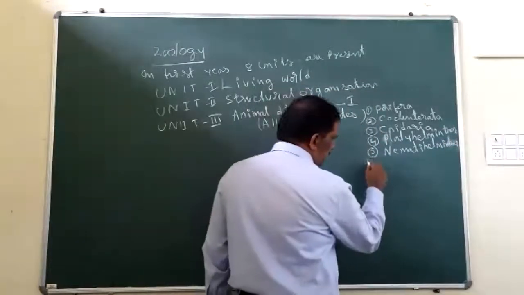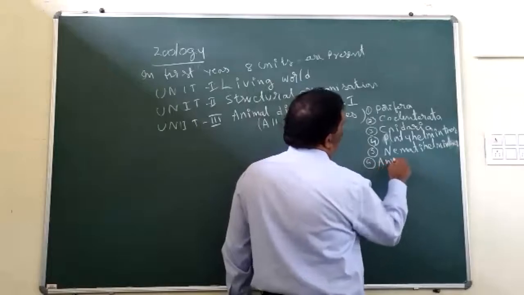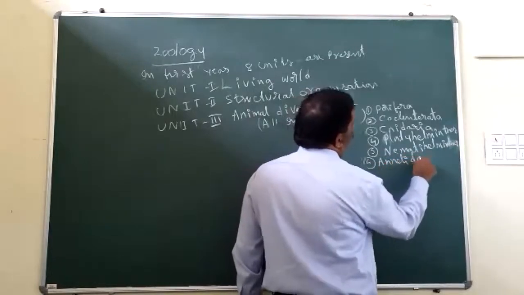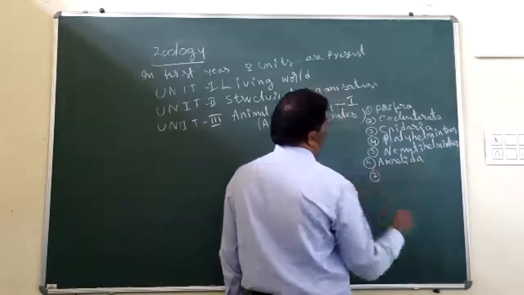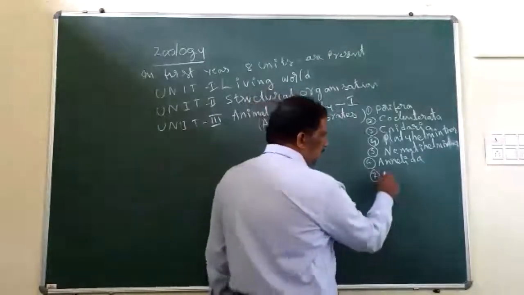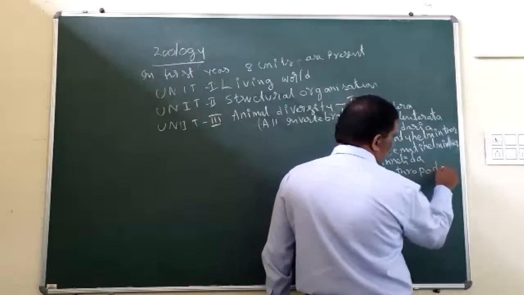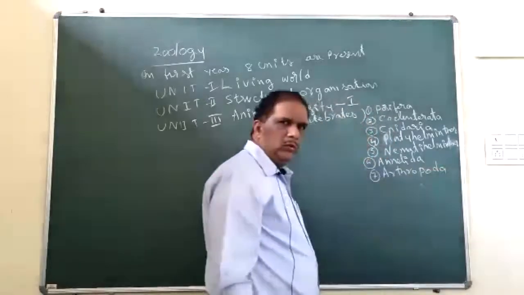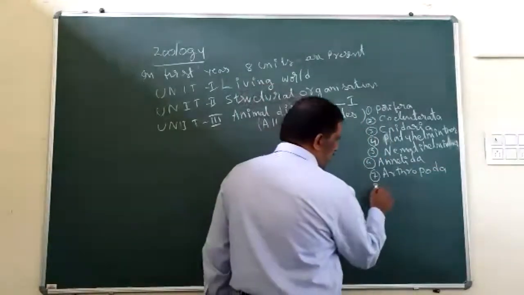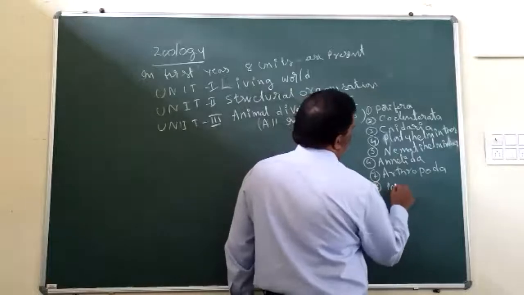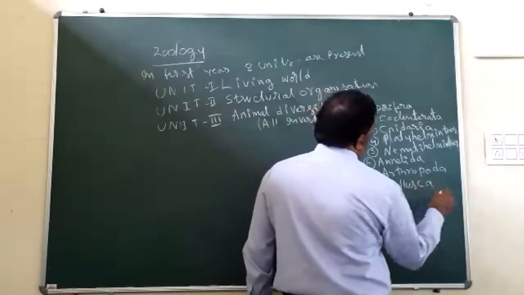Sixth one is Annelida. Seventh one is Arthropoda. Eighth one is Mollusca.